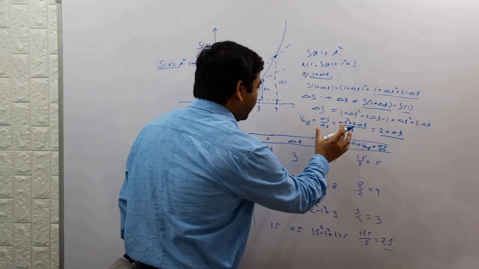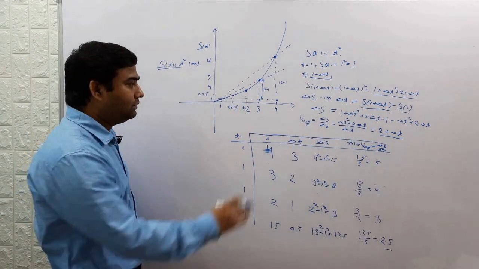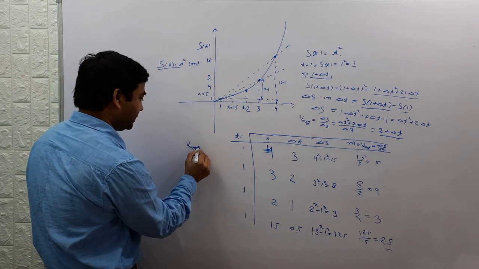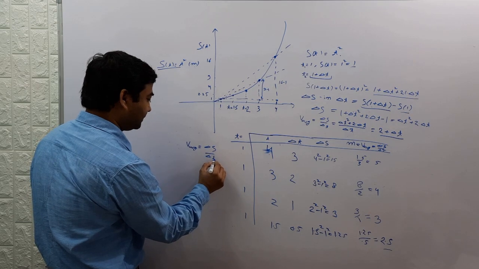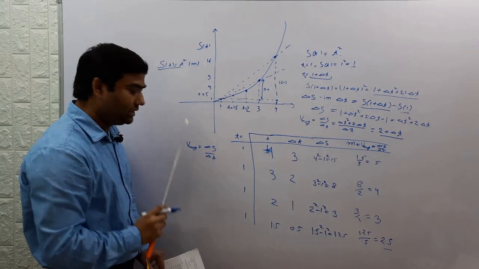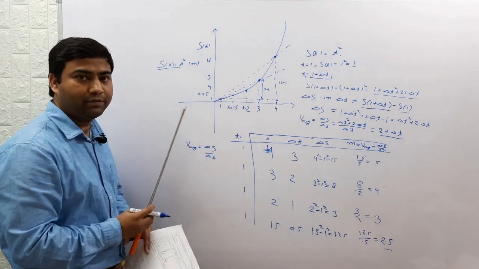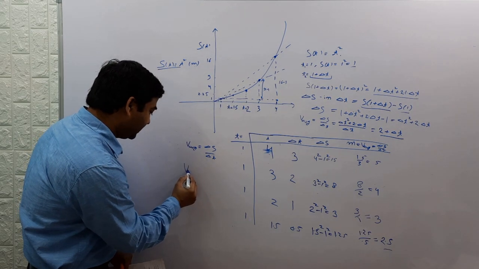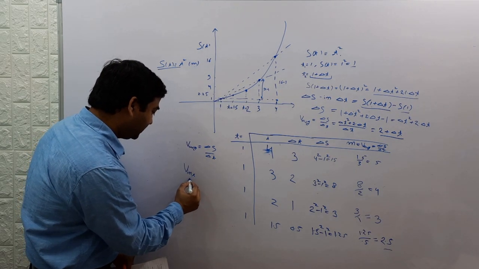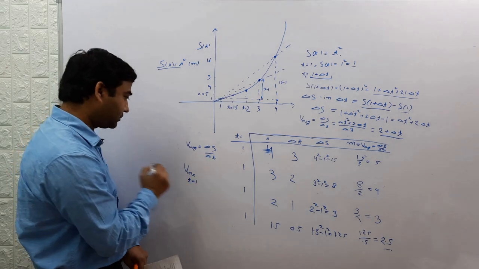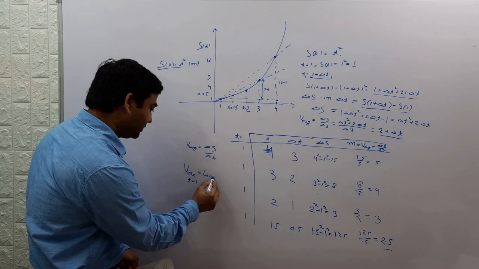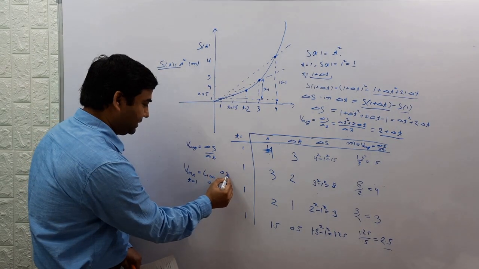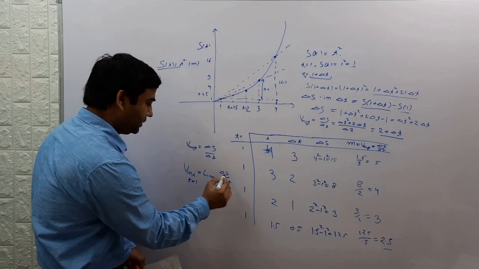So now we will find instantaneous velocity. How will we find instantaneous velocity? We know V average is equal to delta s by delta t. No matter how small delta t is, this will always be V average. We will use the concept of limit. V instantaneous at t is equal to 1 is equal to limit delta t is tending to 0, delta s by delta t.